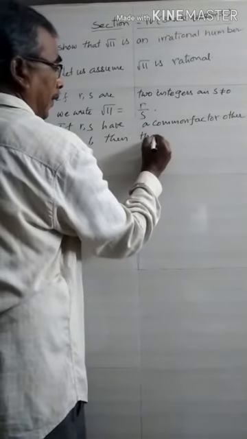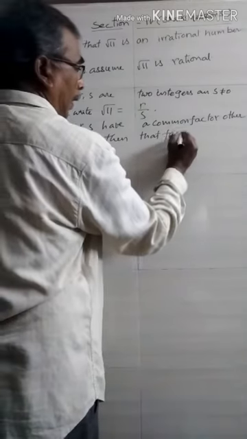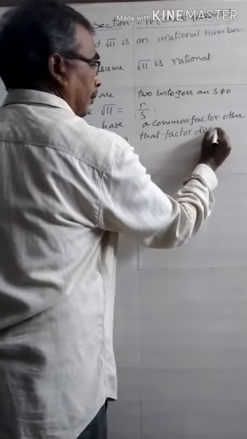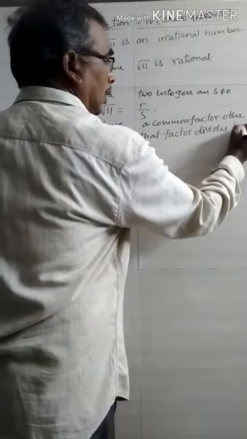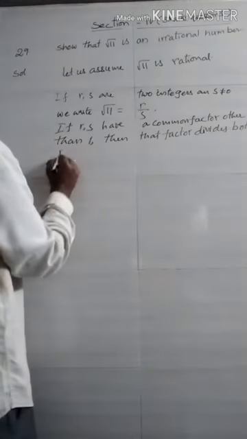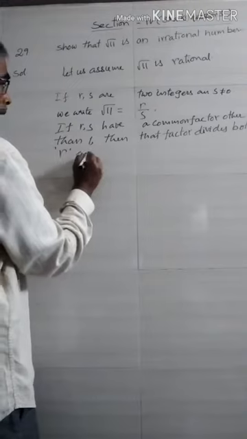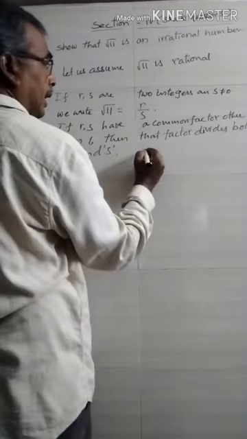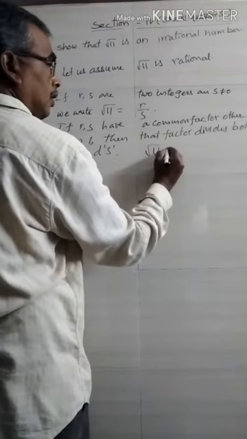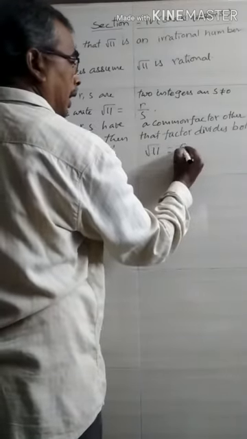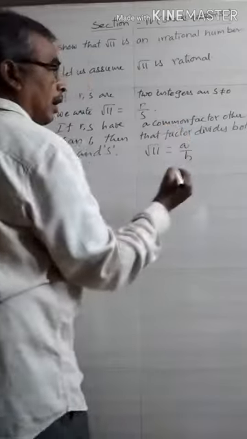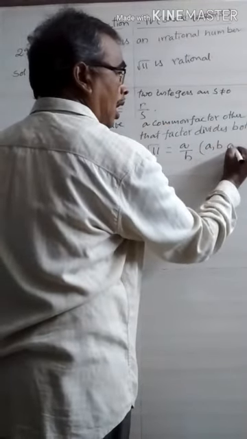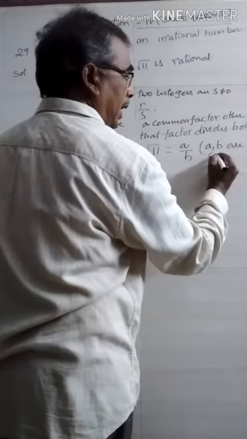that factor divides both R and S, then we may get root 11 is equal to A by B. Here A, B are co-primes.